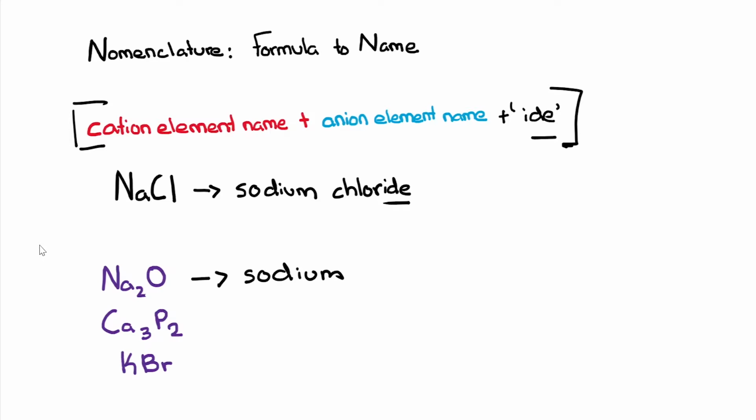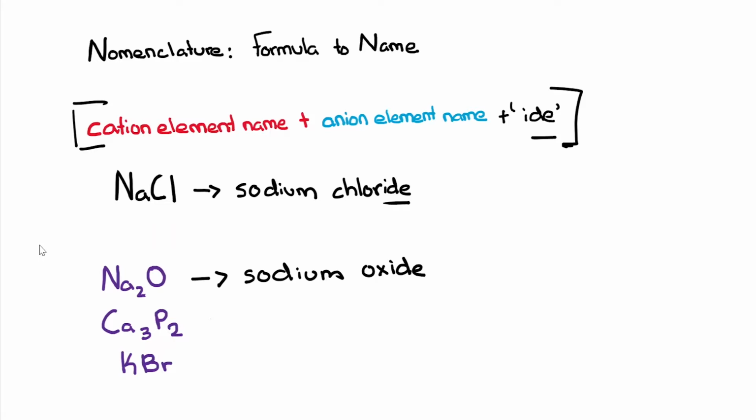You want to do the same thing: write oxygen, but remove the last 2 letters and add an IDE. So that becomes oxide. It's not oxygenide, it's oxide. So you want to remove the last 2 letters and add an IDE suffix, and the name of the compound is sodium oxide. Just like that.